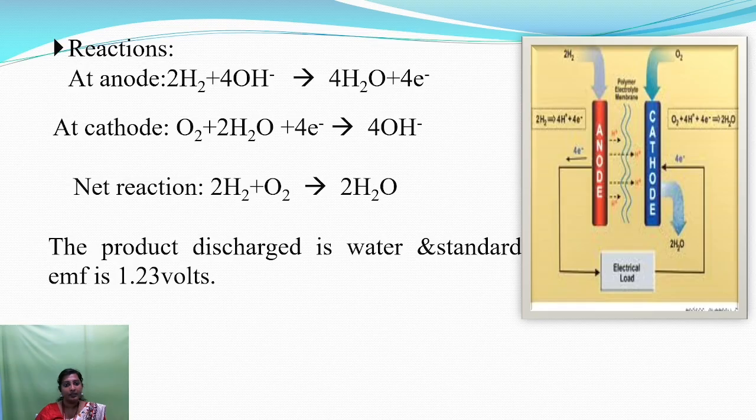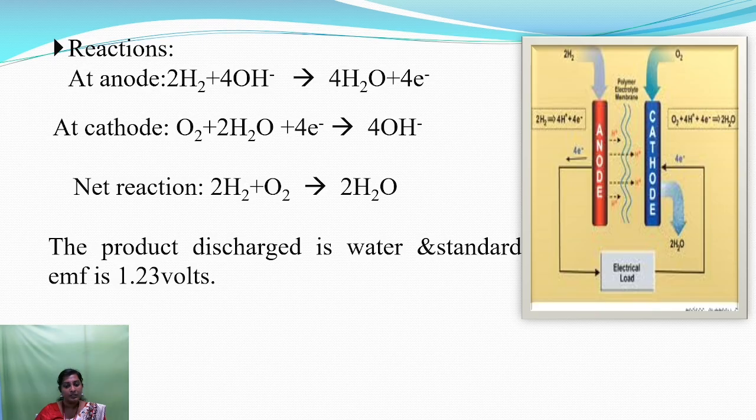First we write hydrogen, then oxygen, then 4 OH at the anode and 4 OH at the cathode, and they cancel. At the anode there are 4 water molecules, at the cathode 2 water molecules, so cancel the 2 water molecules. Then 4 electrons and 4 electrons are cancelled.